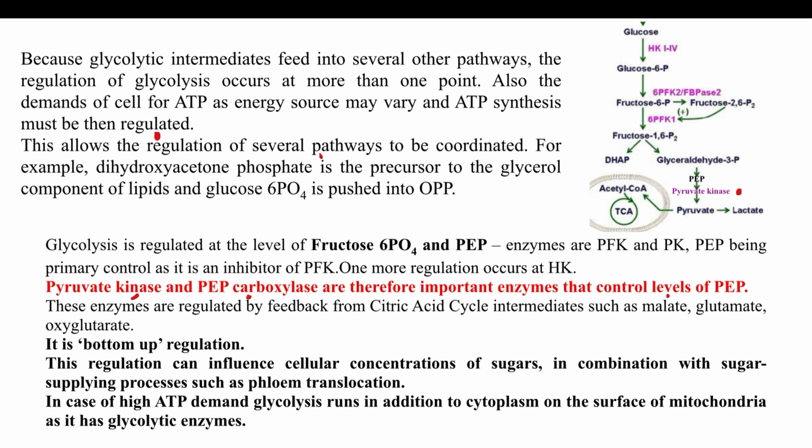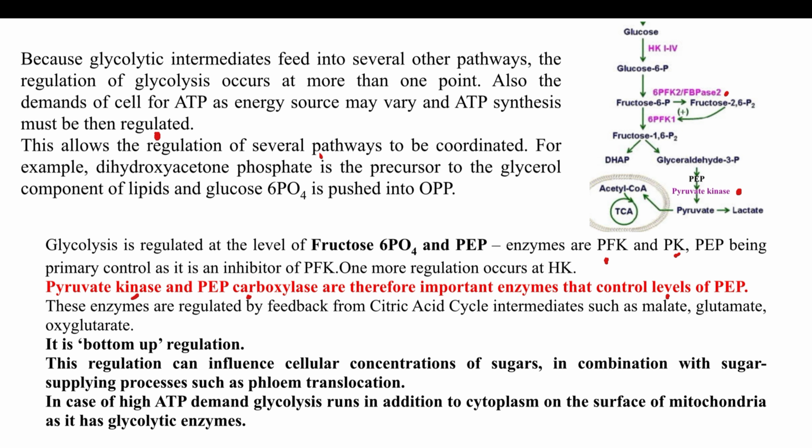The other step is where you can check phosphofructokinase, the enzyme which converts fructose 6 phosphate into fructose 1,6 bisphosphate. And let me tell you, this is the second important enzyme which we can regulate.